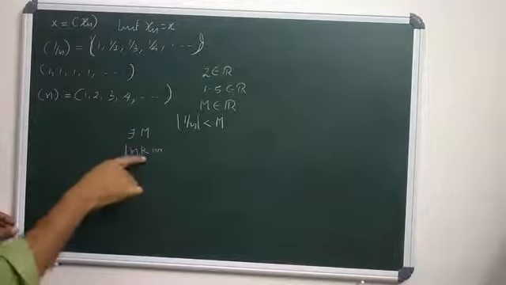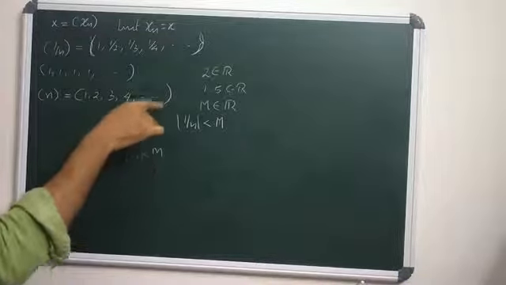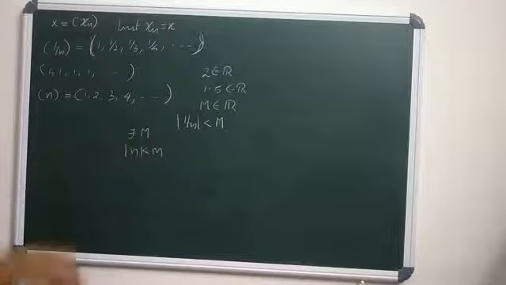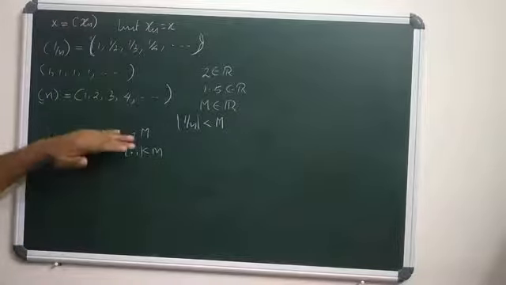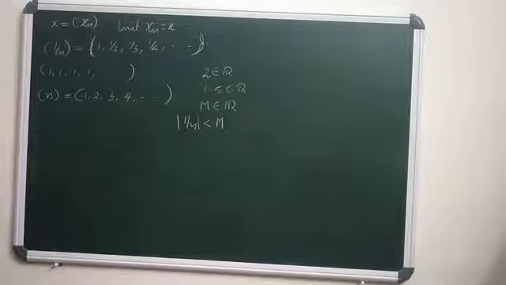Why? Because if m is a natural number, that is nothing but a real number, and if you add 1 again, you can find a larger number. So you cannot find such an m. Therefore, the sequence n is not bounded.